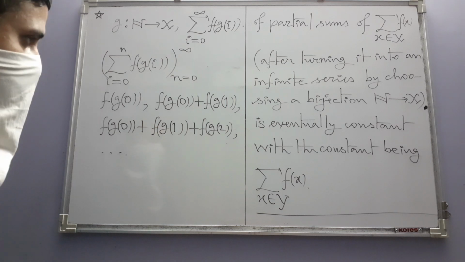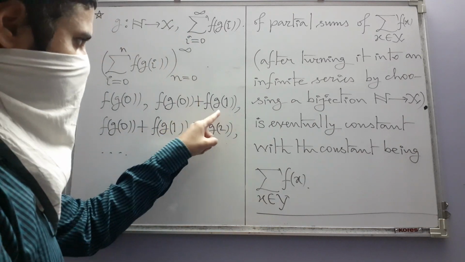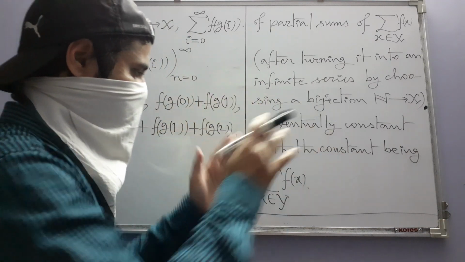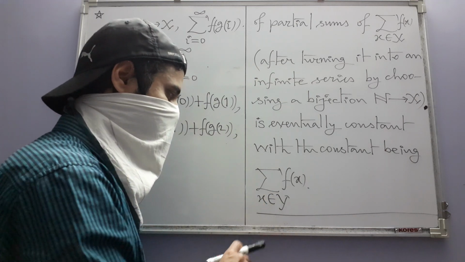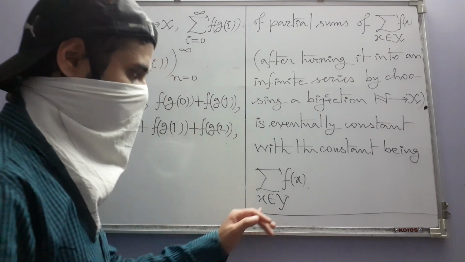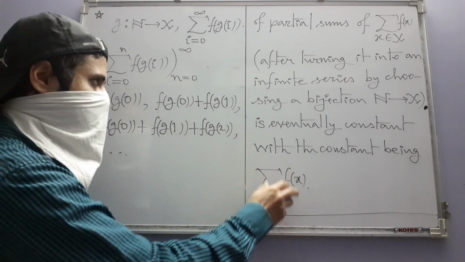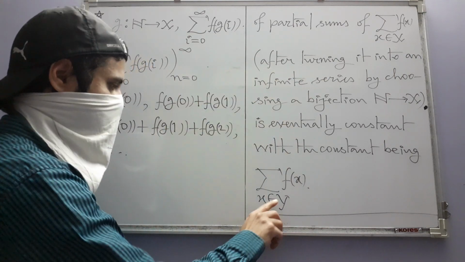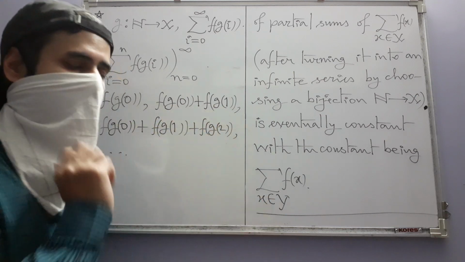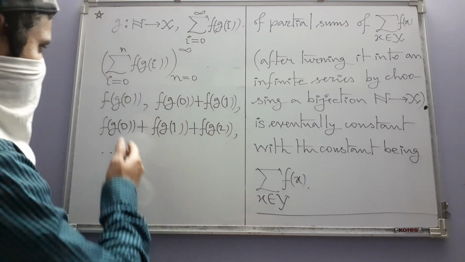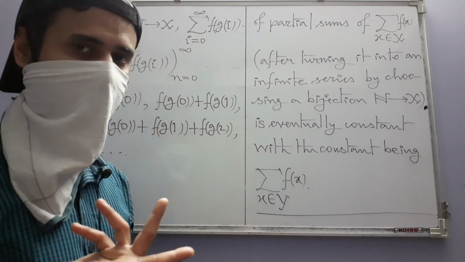Now, we don't really know precisely which of these f values are going to be non-zero. All we know is that the set of those points at which f does not vanish is y. And since y is a subset of x, those points in y are going to appear among these g_i's. This g of 0 may actually not be in y.